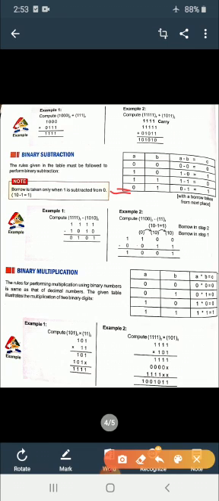Let us see example 2 here. So here 1100 is subtracting 0011. From 0 we cannot subtract 1, right? So we are going to take a borrow and we are going to write 10 minus 1.